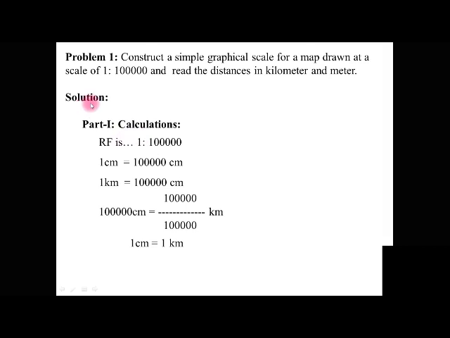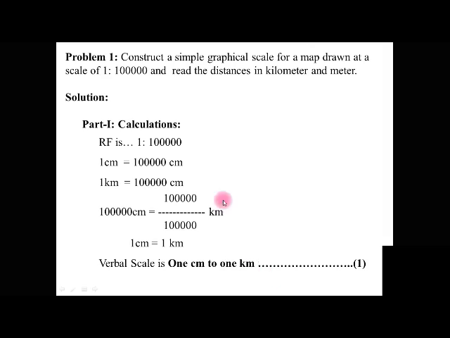And that is why the statement scale for the given RF, which you have to calculate first, because it helps us decide the length of the graphical scale. So 1 centimeter is equal to 1 kilometer, and this is the statement scale you can write for the given RF, that is 1 centimeter to 1 kilometer.